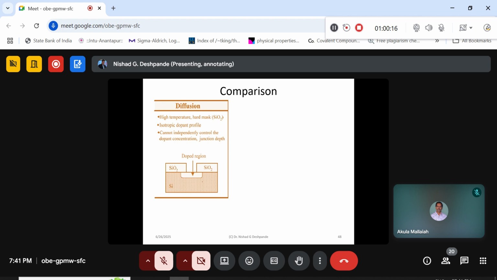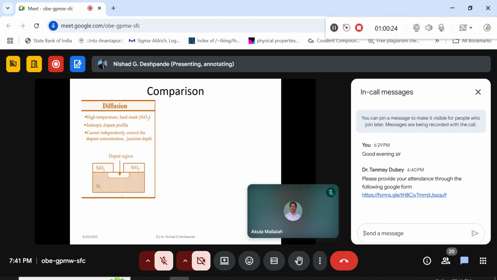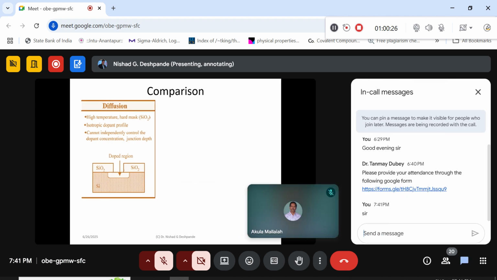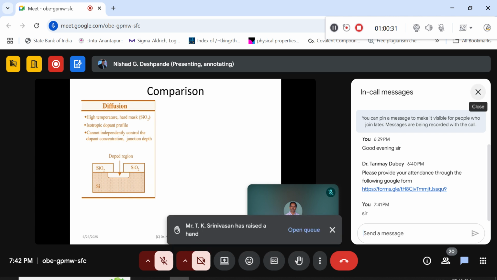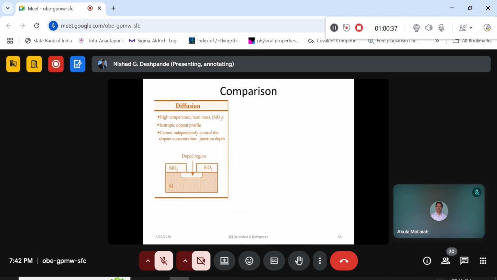A high temperature will be here and low temperatures will be here, and accordingly the total region will have a gradient where controlling the dopant concentration or the junction depth is not possible. That is what is seen in this particular case.